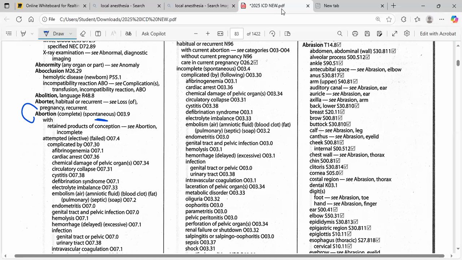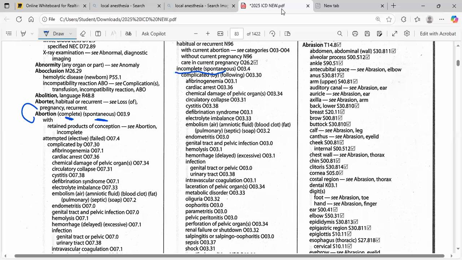So, spontaneous abortion is further divided into two parts: complete and incomplete. Complete abortion means the patient does not have anything related to the product of conception.